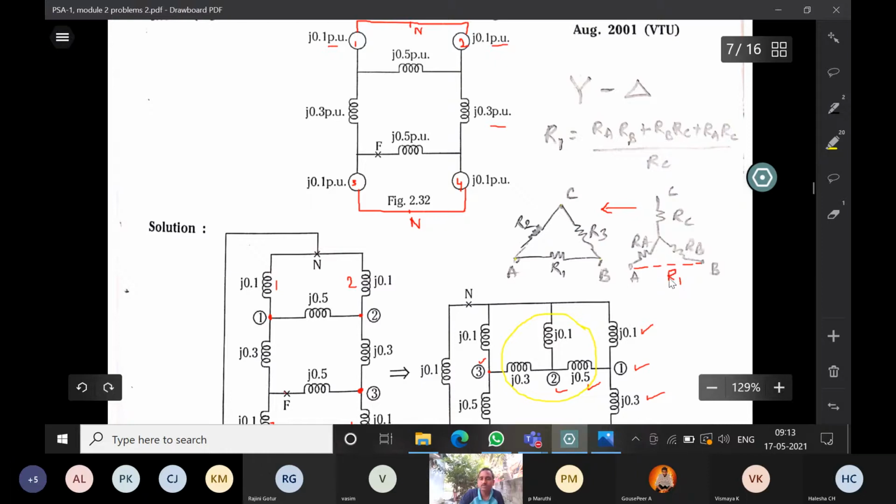So for R1, what are the resistances connected here? RA and RB. Okay, plus RB into RC plus RA into RC, divided by the opposite resistance, that is RC. Okay, so that is the way of doing it when converting star to delta. So look at here.